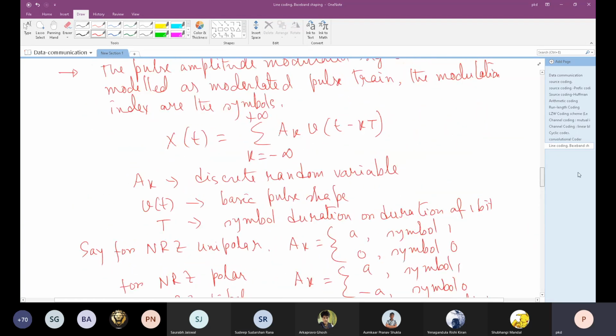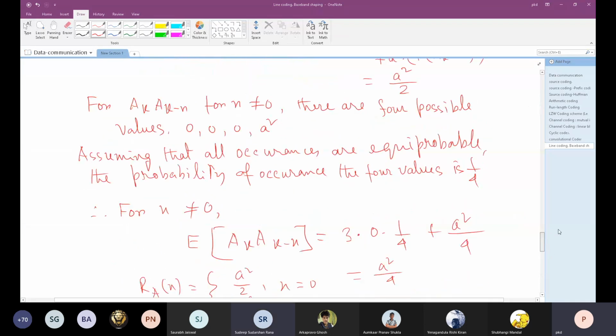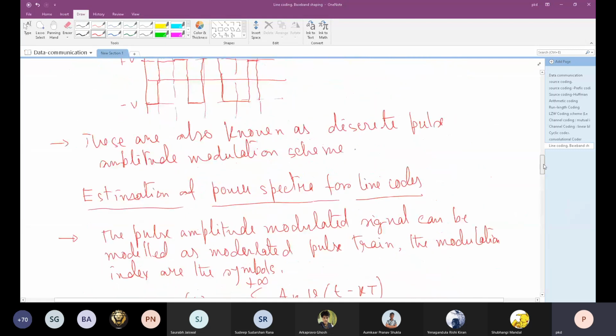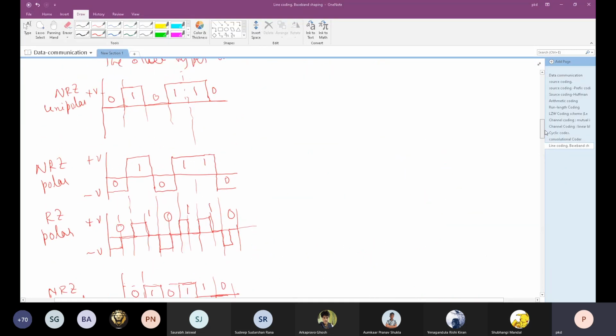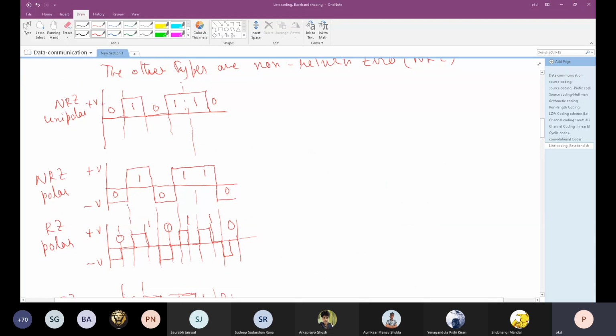In the polar case, for 0 it is minus A into v(t), giving 0, and A into v(t) giving 1.